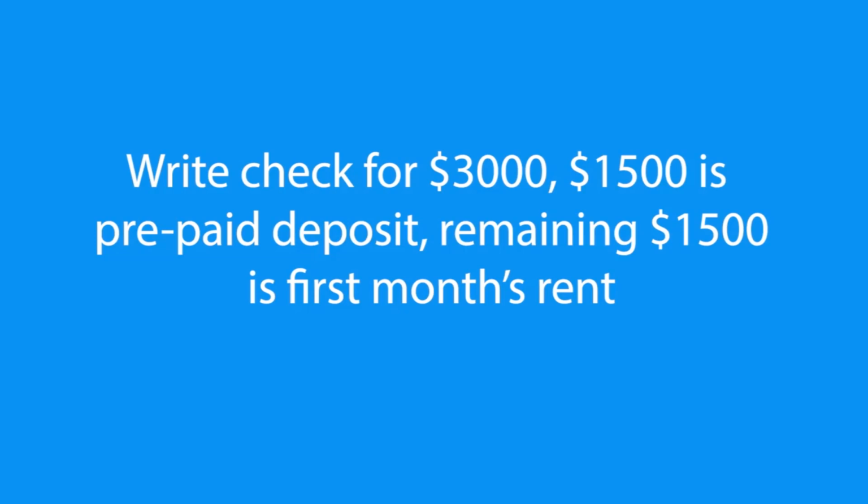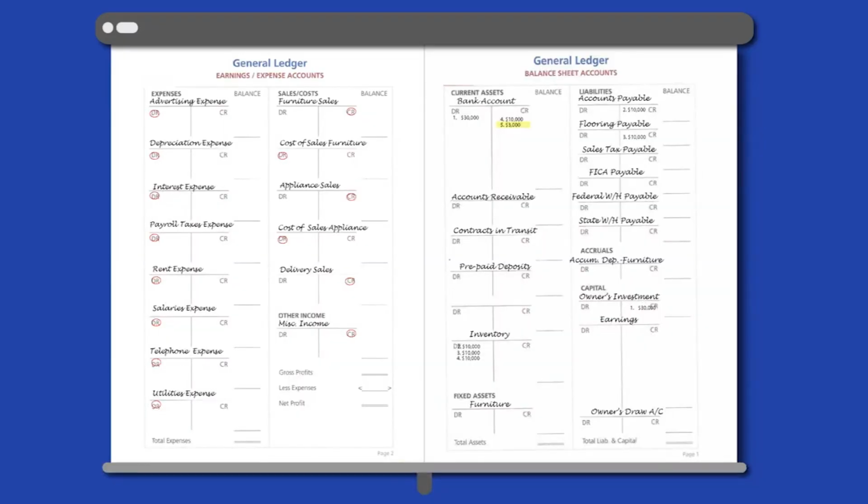Okay, Harleen, what'd you do? So you credited the bank $3,000. And you debited prepaid deposits, $1,500, which is an asset account, right?